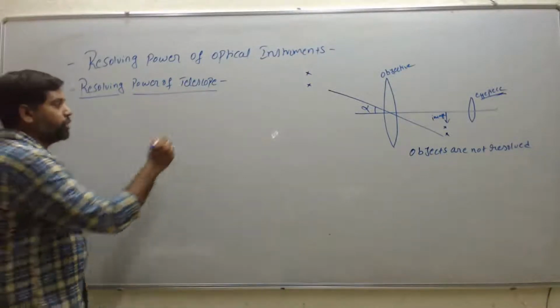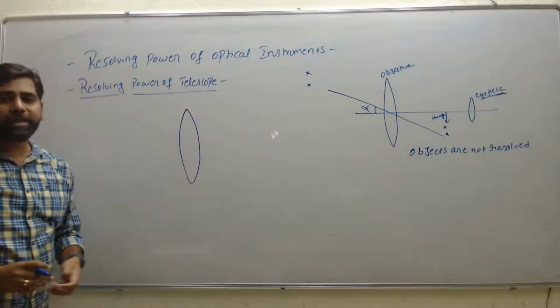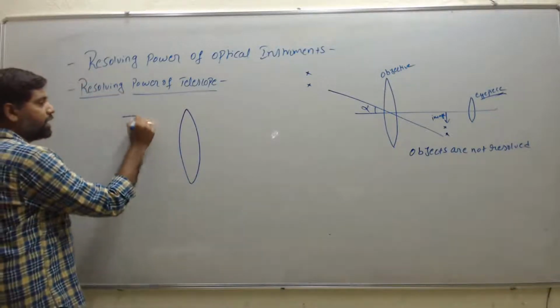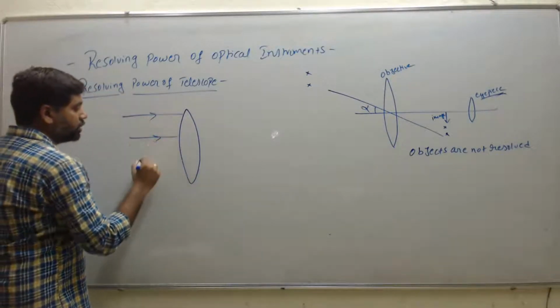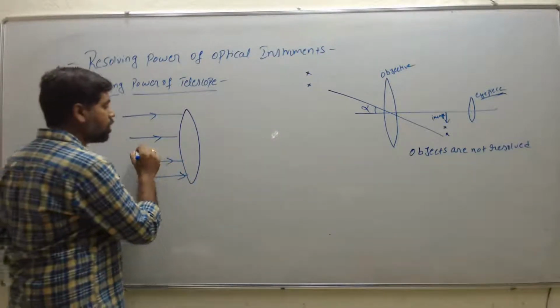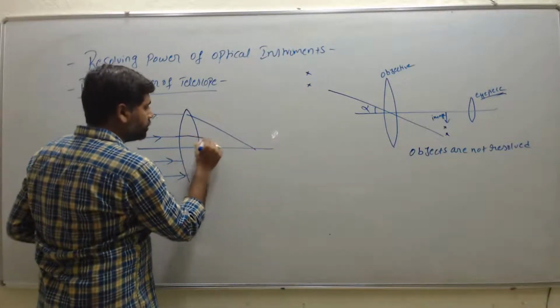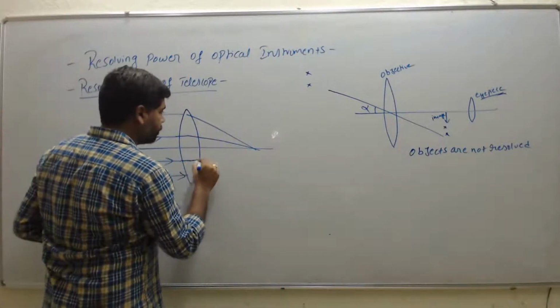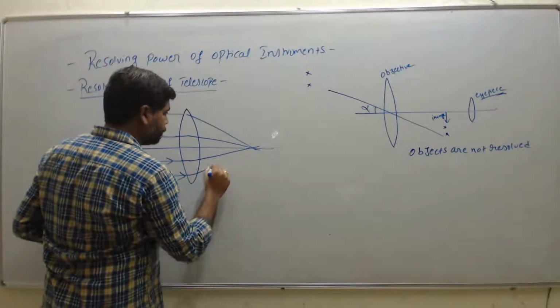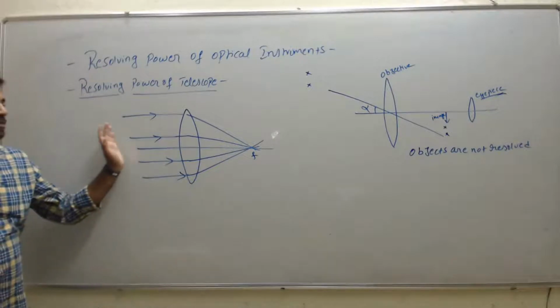So this one is the objective lens. When light rays fall on the convex lens, after refraction these rays meet at one point, that is at the focus, where the image of the object is formed.